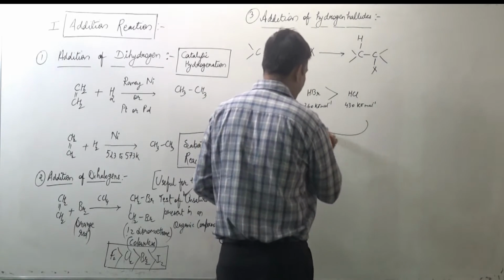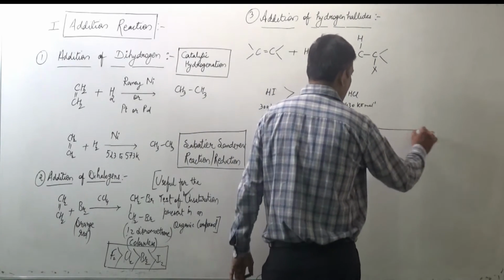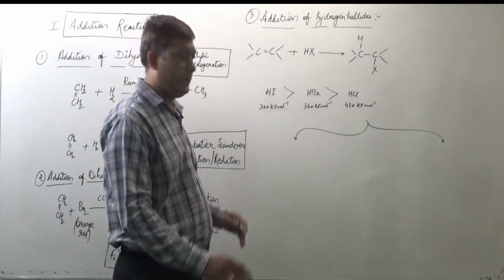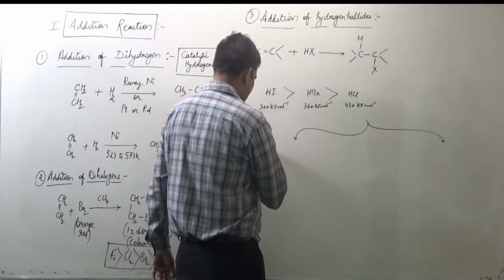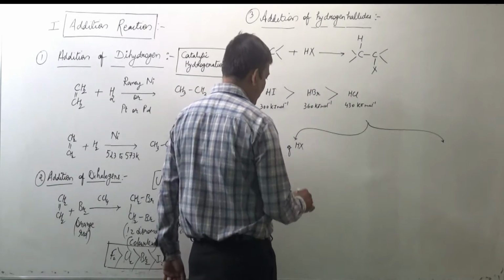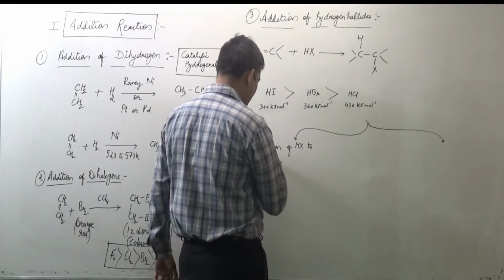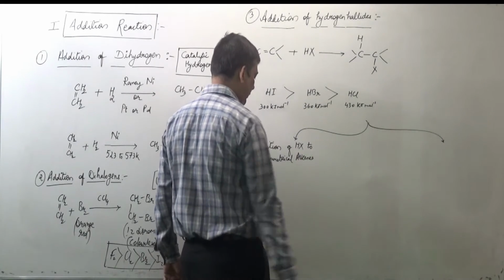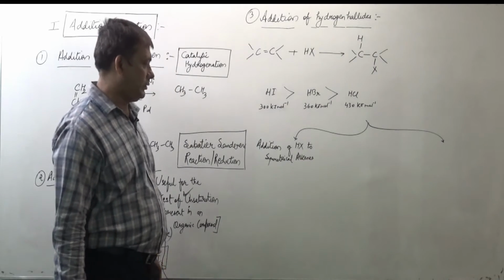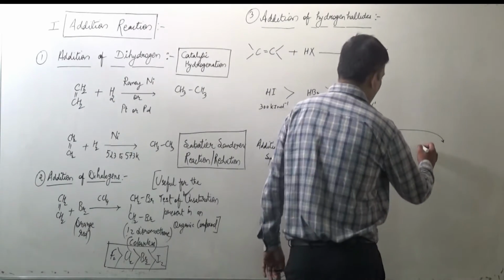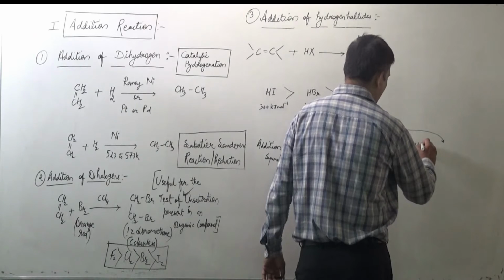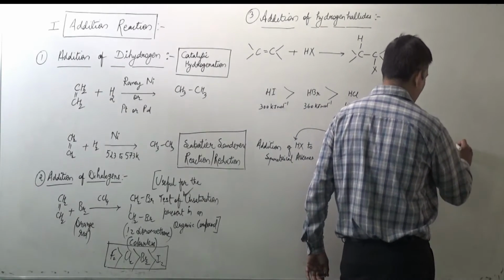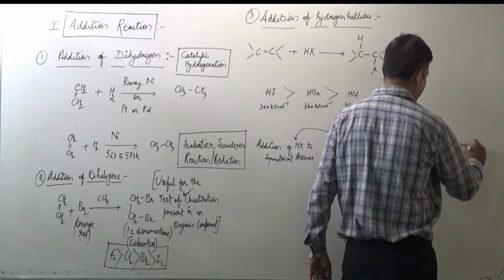So let us divide this reaction into two sets. On one category we will study addition of HX to symmetrical alkenes, and on the other set we will study the addition of HX to unsymmetrical alkenes.